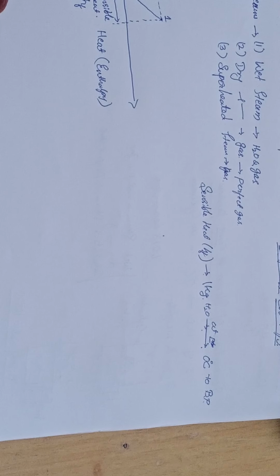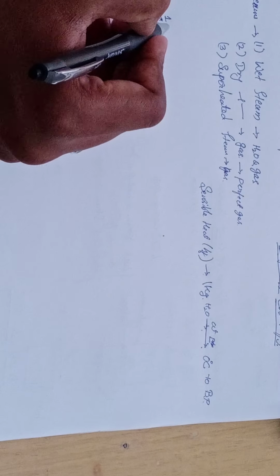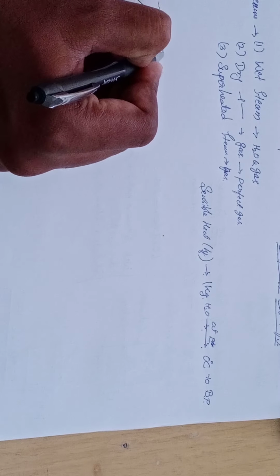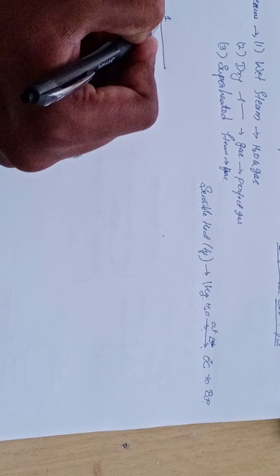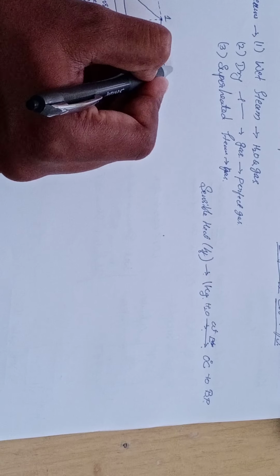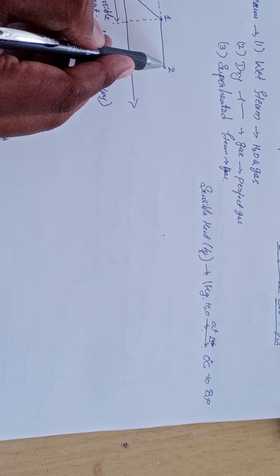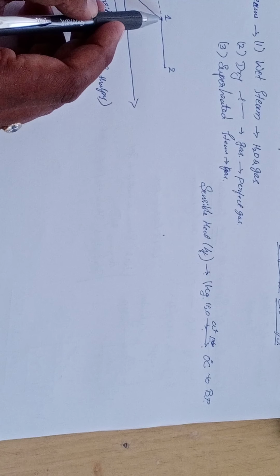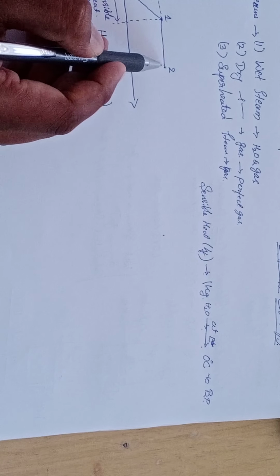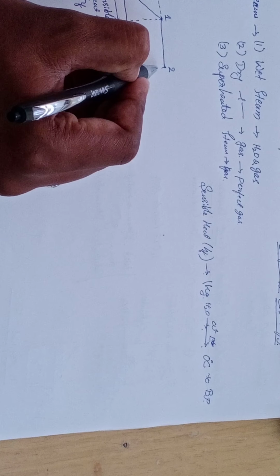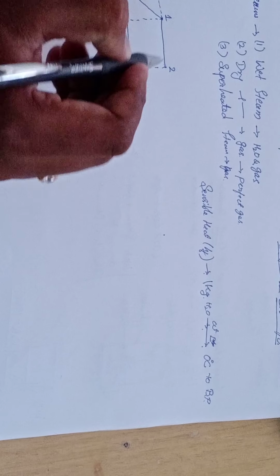Next, once again we are supplying some amount of heat, and the saturation temperature remains the same. From point 1 to 2, it is considered as latent heat.